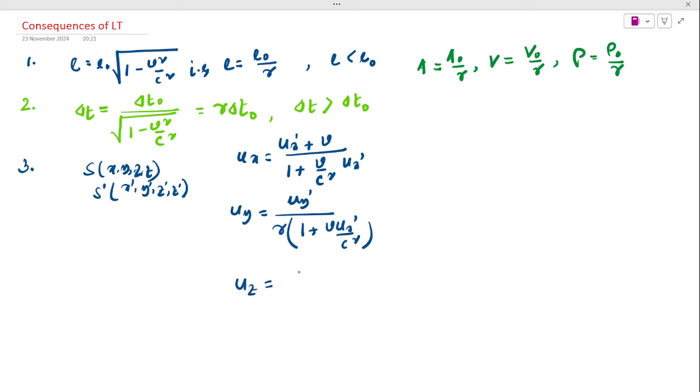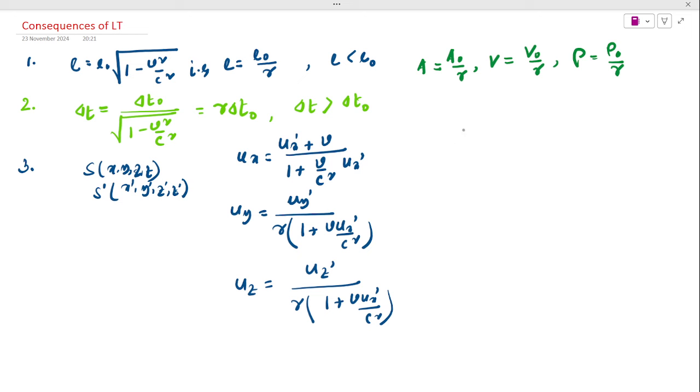Next one uz is uz dash divided by gamma into 1 plus v ux dash by c square.